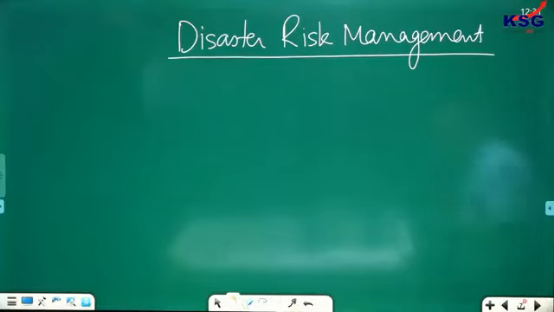Clear? Full stop. The cost sharing pattern.